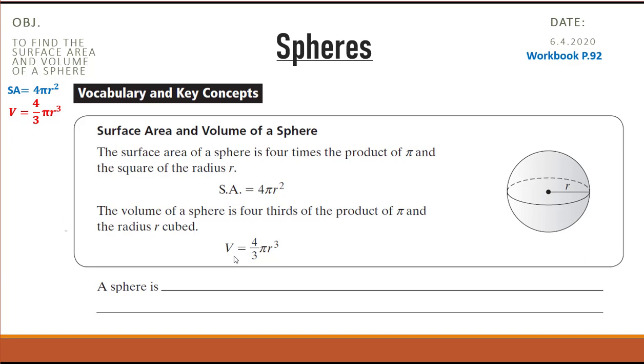And the volume of a sphere is 4/3 the product of pi and the radius cubed. And the definition of a sphere is, as we said, the set of all points in space that are the same distance from a center point. This is the definition of a sphere.